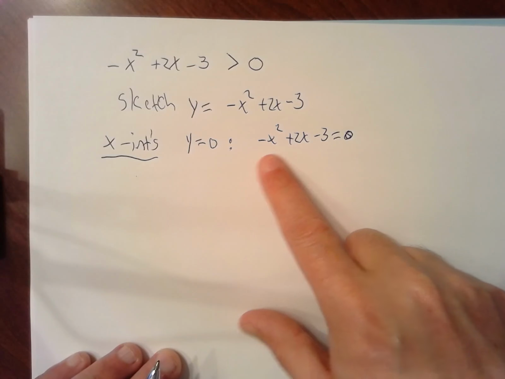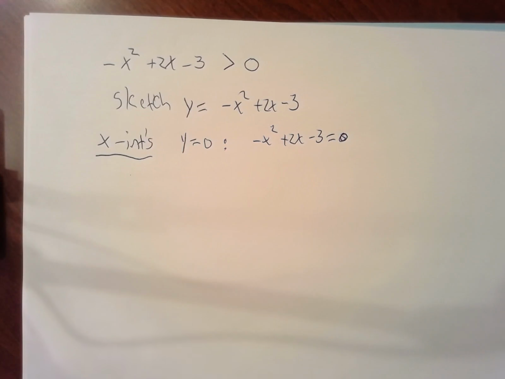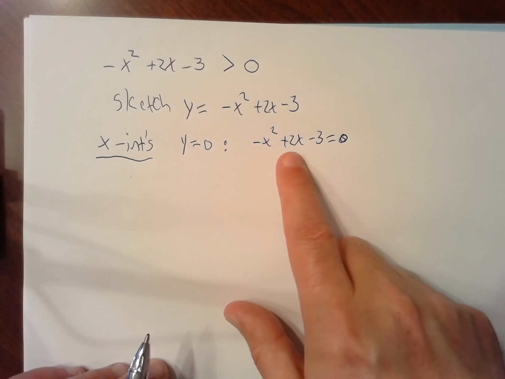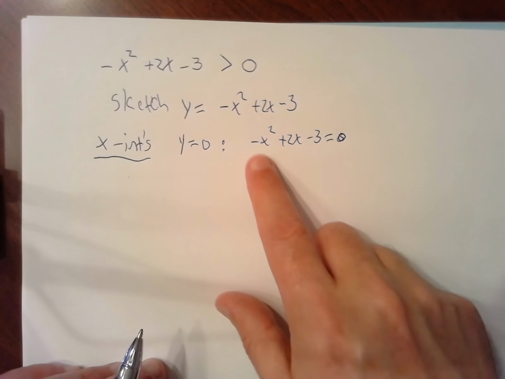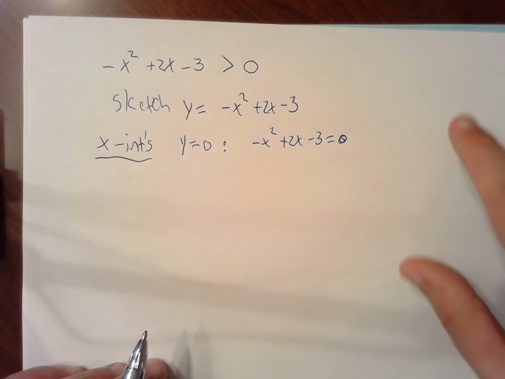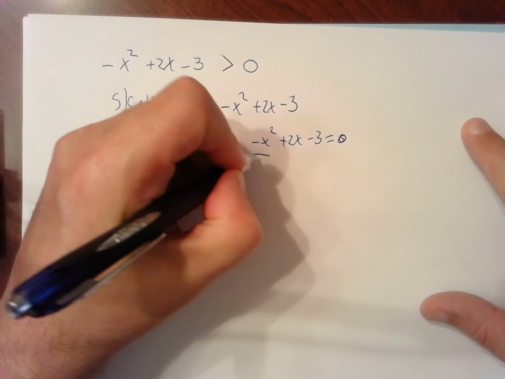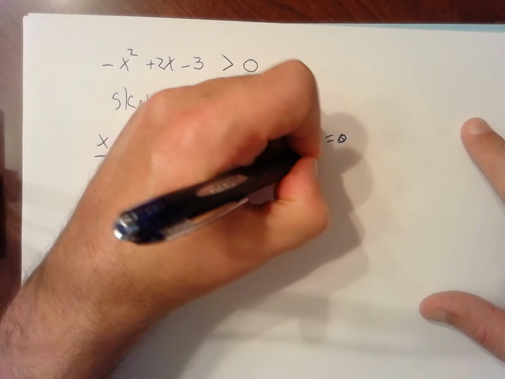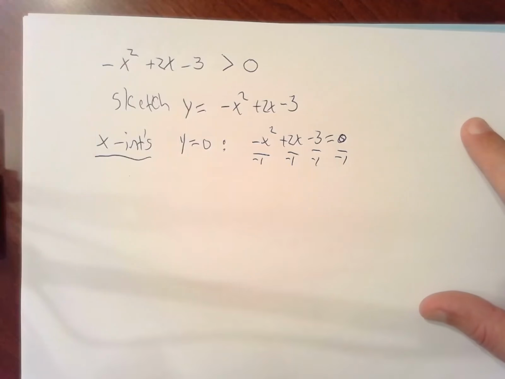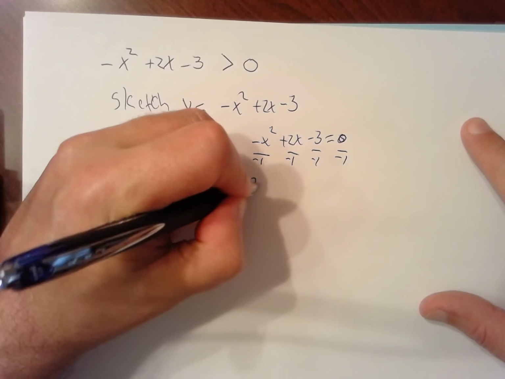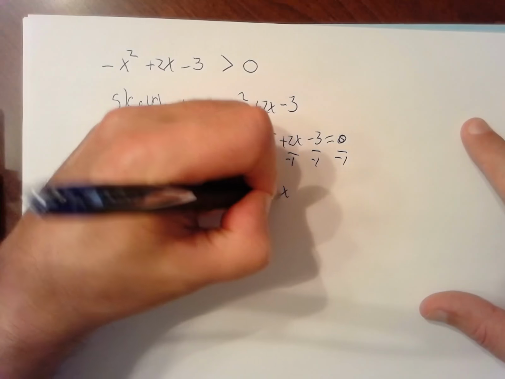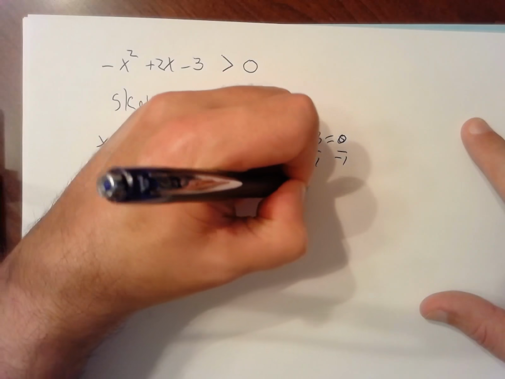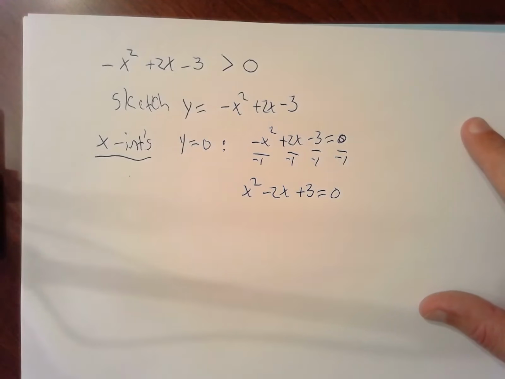If we're going to solve this, we could factor and get some negatives in there. I don't like having a negative in my leading coefficient when I'm factoring, so I'm going to get rid of that negative by dividing everything by -1, both sides. And we get x squared minus 2x plus 3 equals 0.